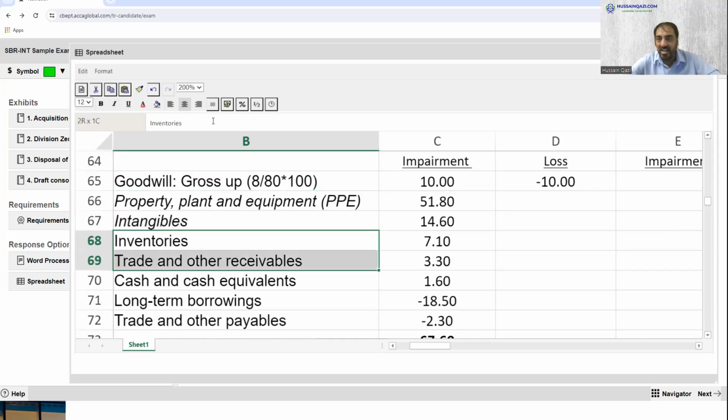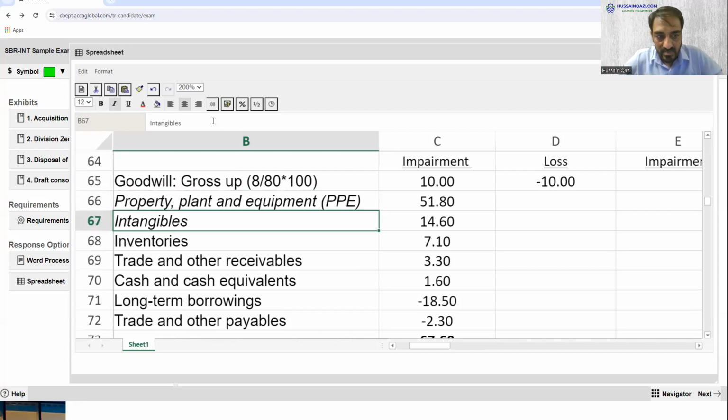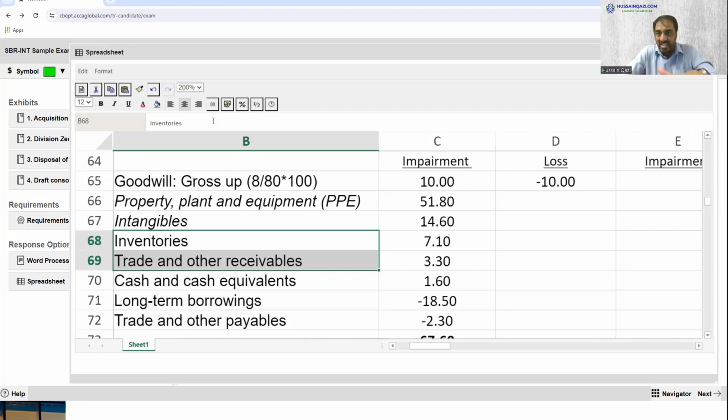But inventory and trade and other receivables also exist. There is no information within the question about whether inventory and trade and other receivables have their realizable value or not. Any impairment about inventory, any impairment of trade receivables, no indications.